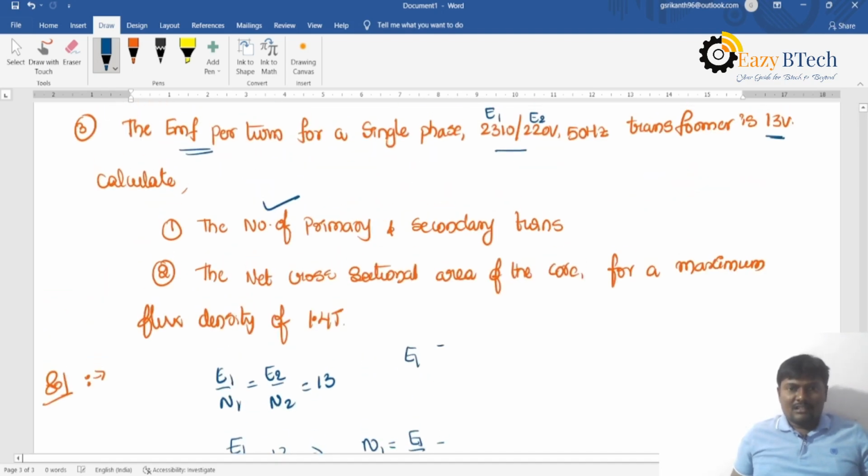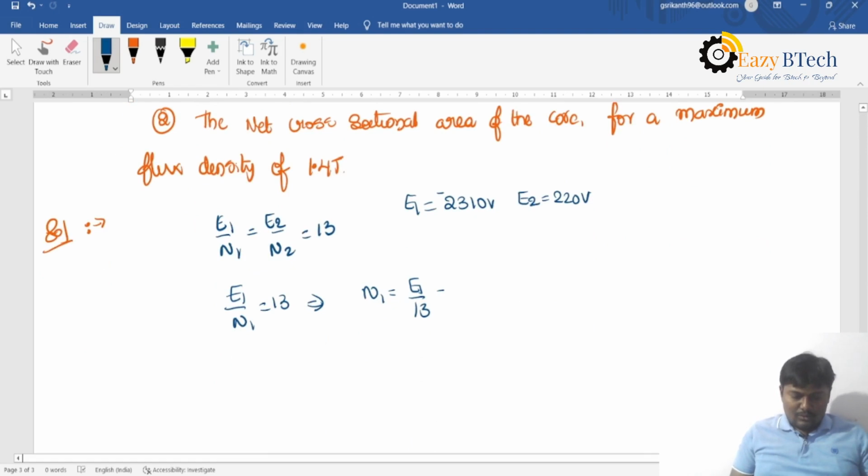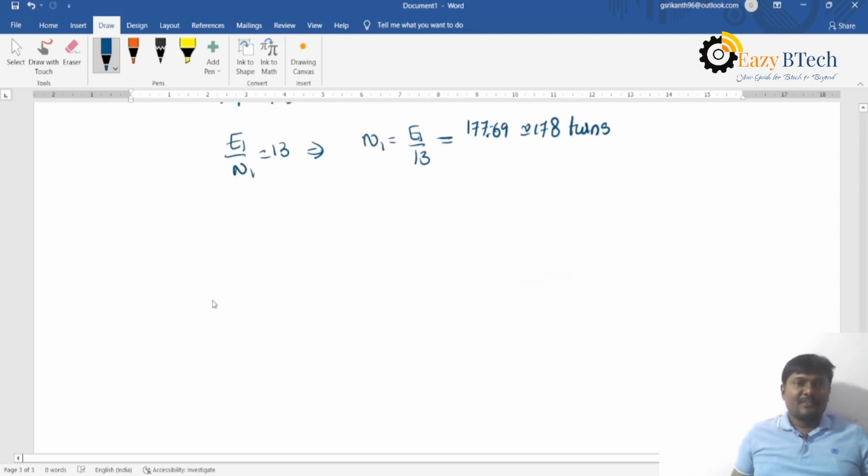E1 is 2310 volts and E2 is 220 volts. 2310 divided by 13 is 177.69, but generally it is approximately equal to 178 turns, because the turns are not represented in decimals.